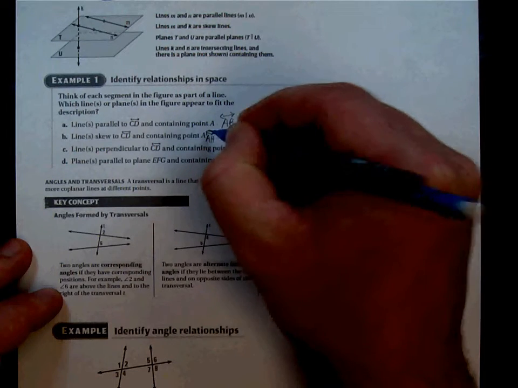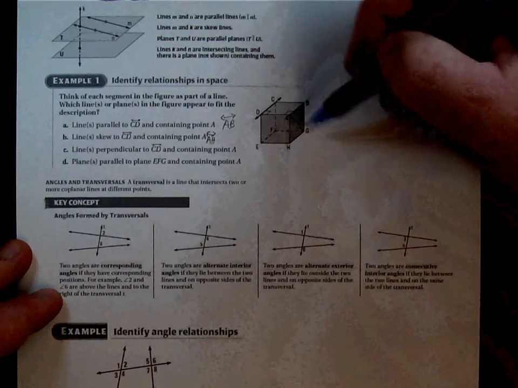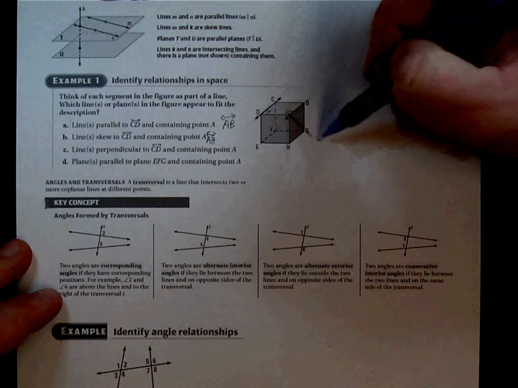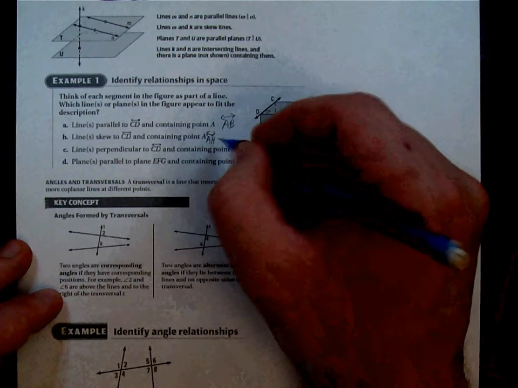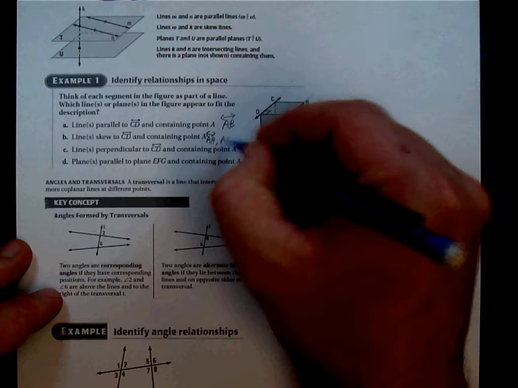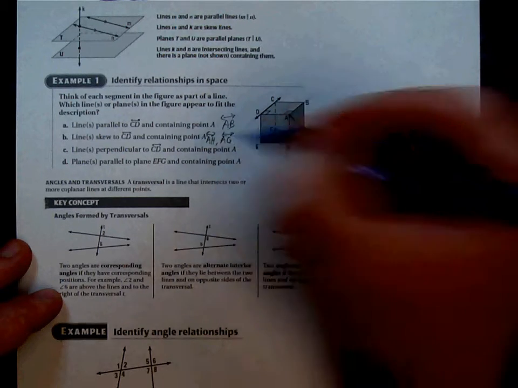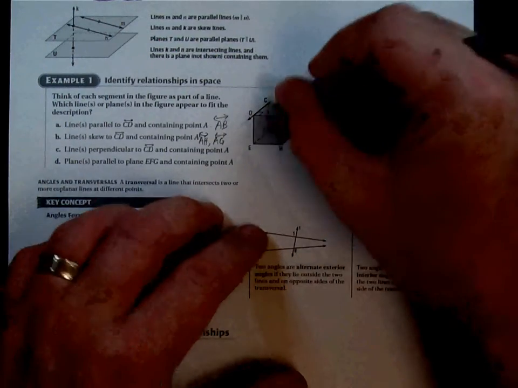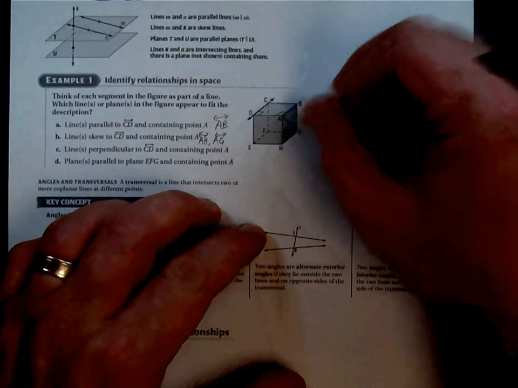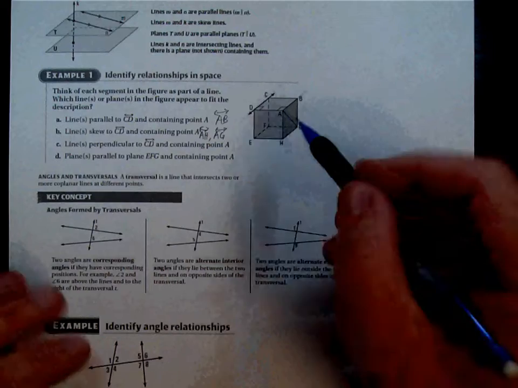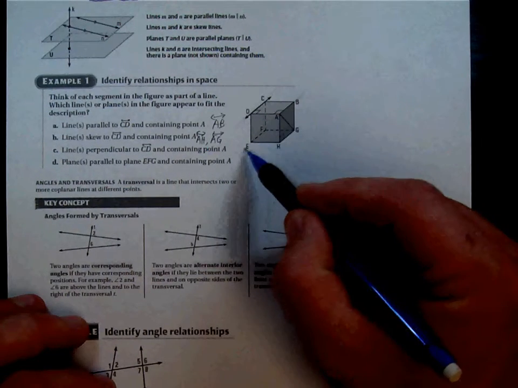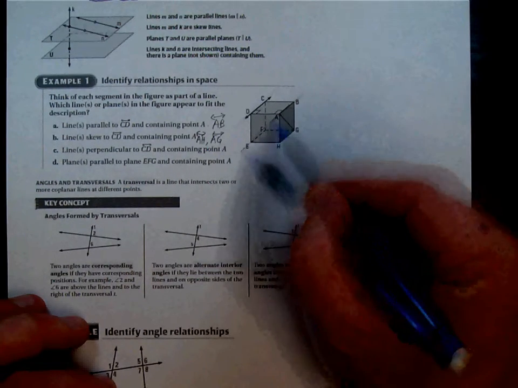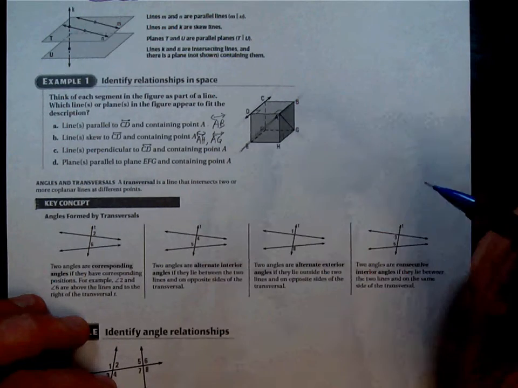So I've got multiple answers to this problem, I believe. AG hits point A, and it's never going to hit that line, so AG would also be skew. Are there any others? There actually are. They're not drawn in this picture, and you have to understand lines are not always drawn. Doesn't mean it doesn't exist. But I have point A and I have point E. I could connect those two with a line, and that line will not intersect CD.